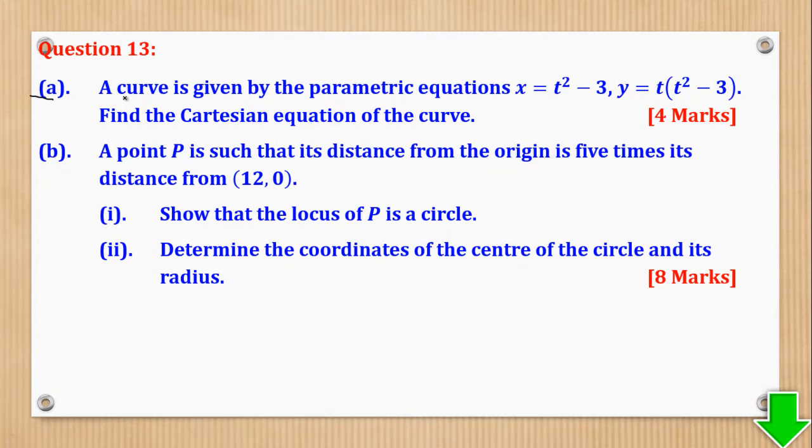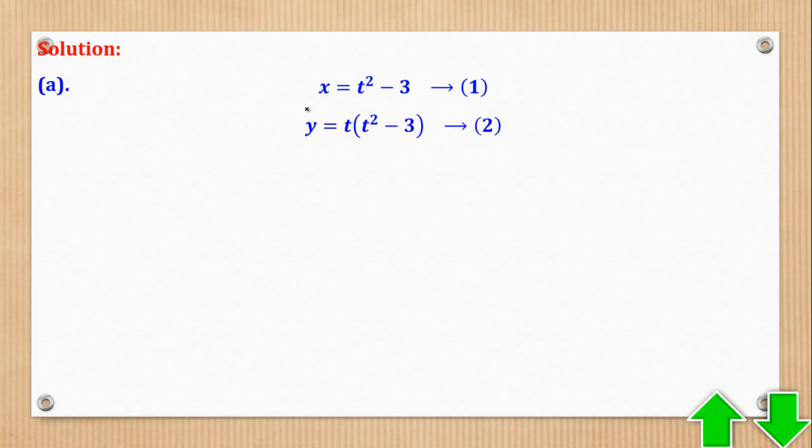Part A says, a curve is given by the parametric equations, these ones. Find the Cartesian equation of the curve. So a Cartesian equation means that you eliminate the third parameter, which is t. So you have two parametric equations, the x and that. So you need to eliminate t. The first thing to do, I think you can see that this is similar to this.